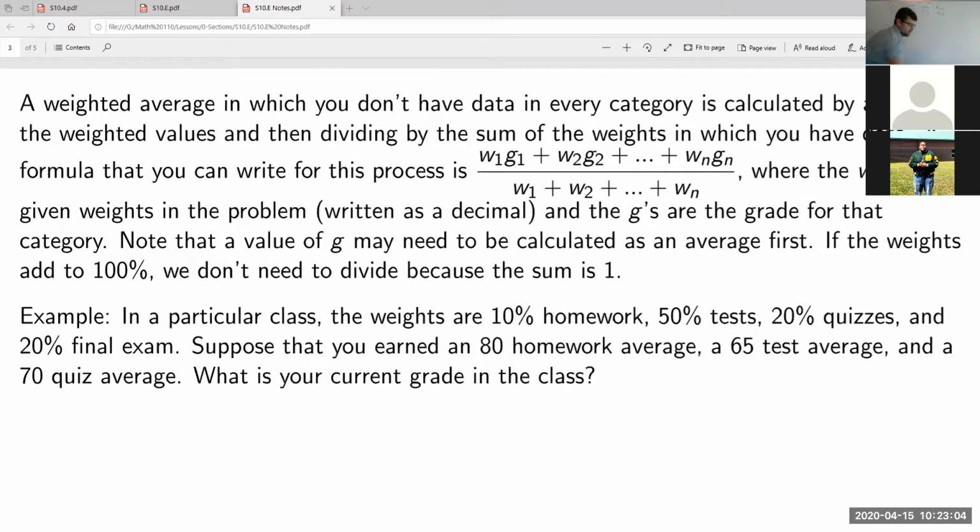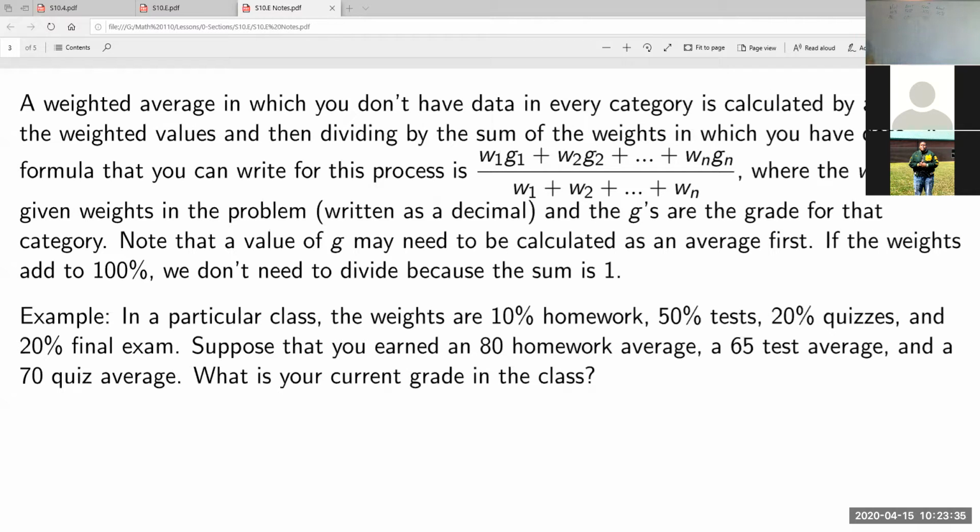So the weights are the same. We have an 80 in homework, a 65 test average, and a 70 quiz average.